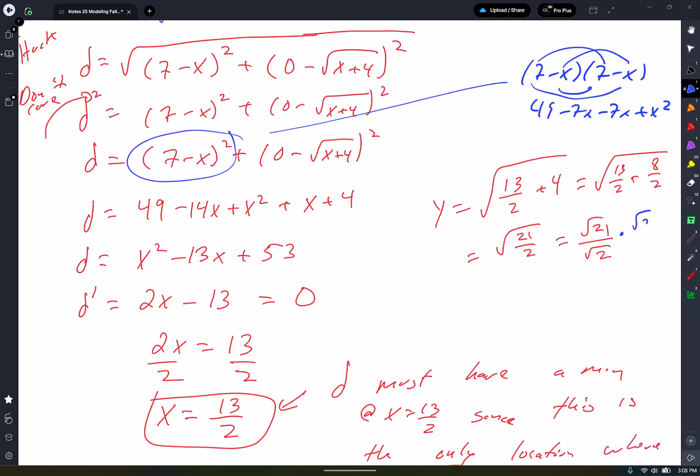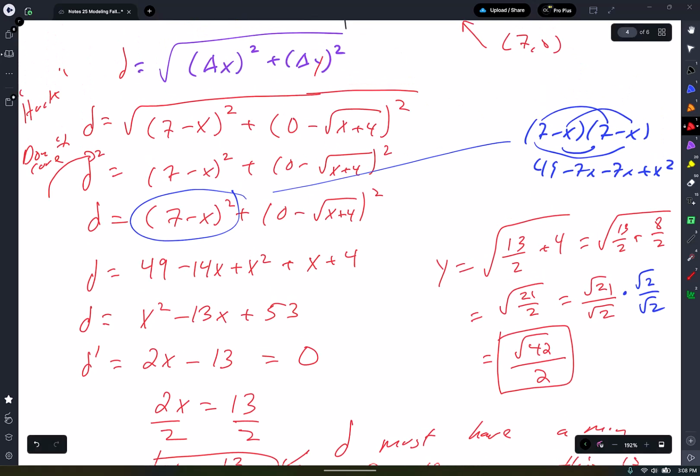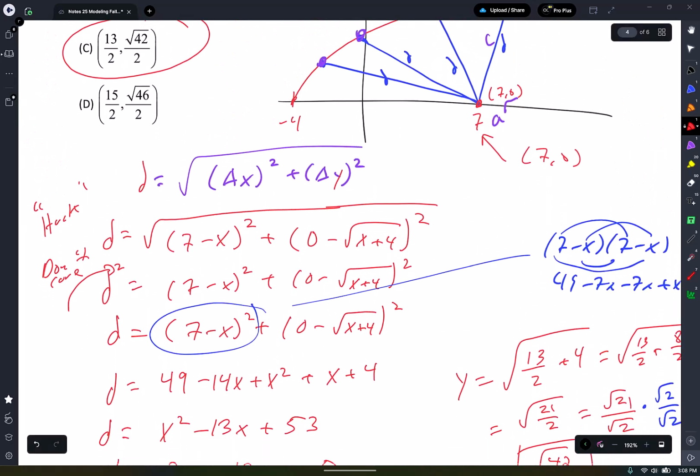Multiply the top and bottom by the square root of 2 over the square root of 2. So 21 times 2, 42. There's your y value. Does letter C have square root of 42 over 2?